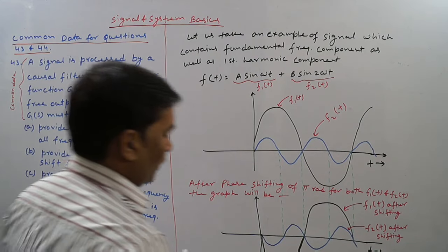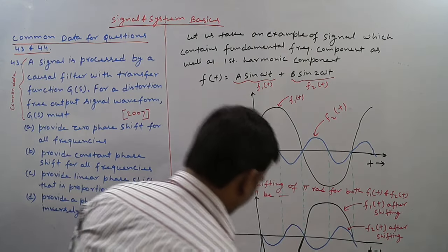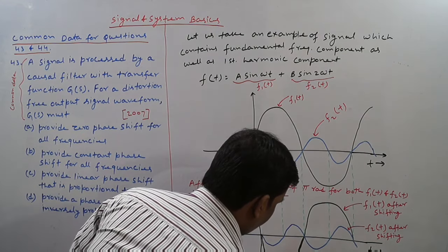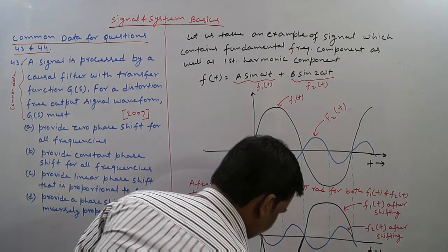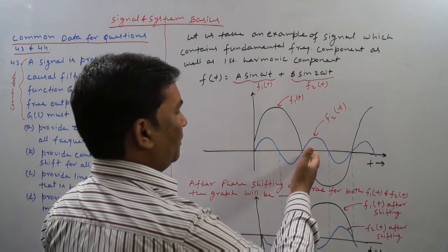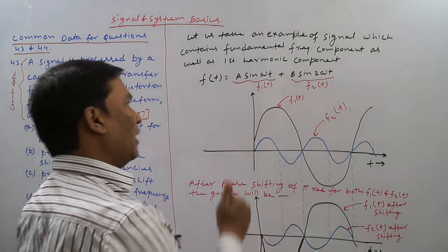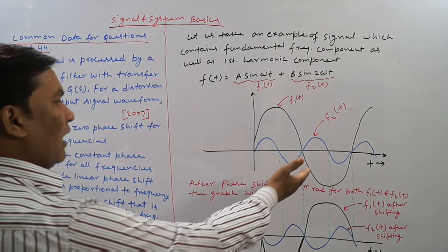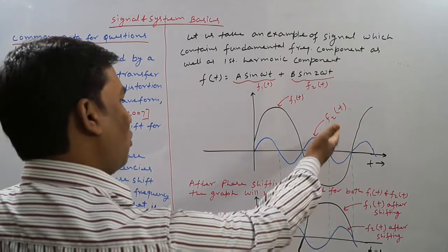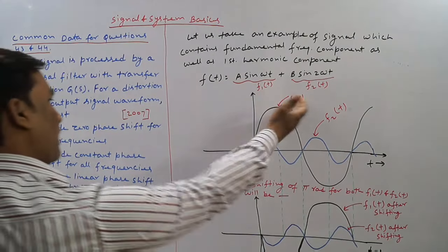So we can say that the graph will not be the same if we shift with the same angle as we are shifting here in both F1t and F2t.